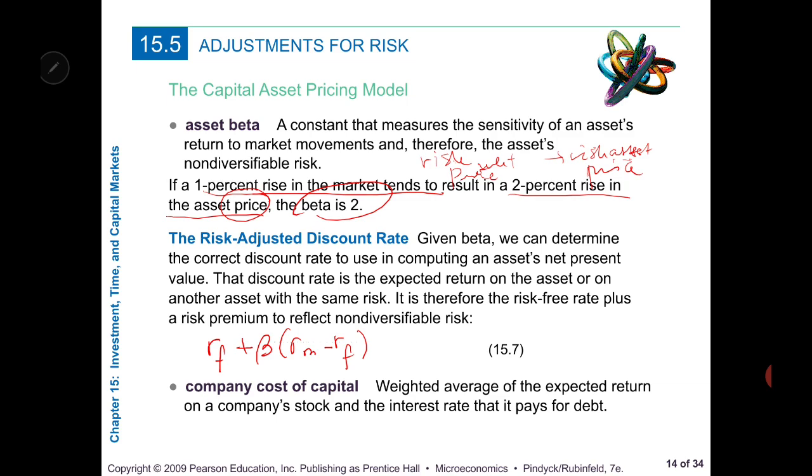Okay, so the risk-adjusted interest rate is the risk-free rate plus a risk premium to reflect the non-diversifiable risk, the RM, the market, the economy's risk, and what beta it is linked with through, what beta it is in the market.